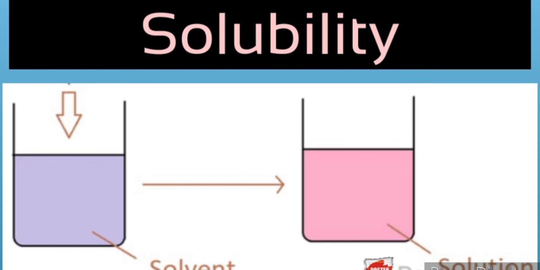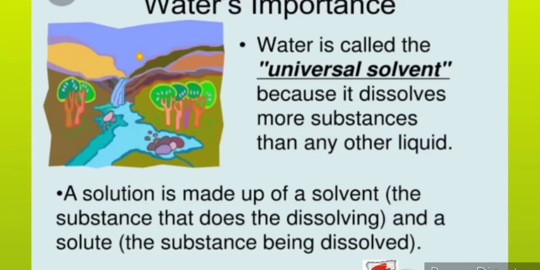So the amount of salt which can be completely dissolved in that water is known as the solubility of water. Okay? And because there are very many things which can be dissolved in water, that is why water is known as the universal solvent, because there are many things which can dissolve in water.